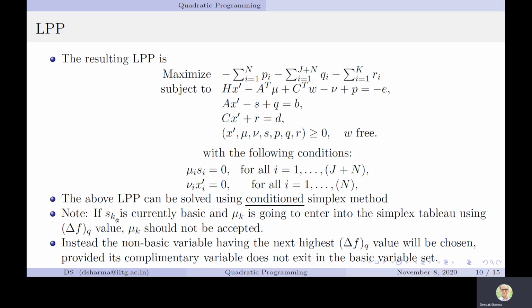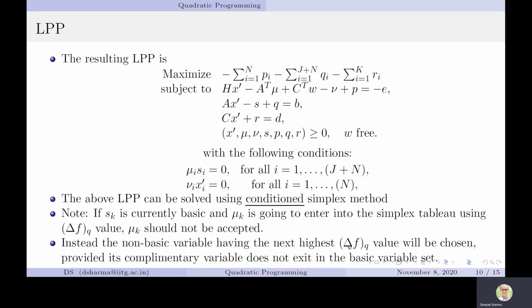Why? Because xk is already part of the basic solution, so mu k is already 0, and this complementary slackness condition is already satisfied. So what we are going to do is look for the next highest delta fq value among the non-basic variables. If the chosen non-basic variable's complementary variable is not basic, we will choose it.